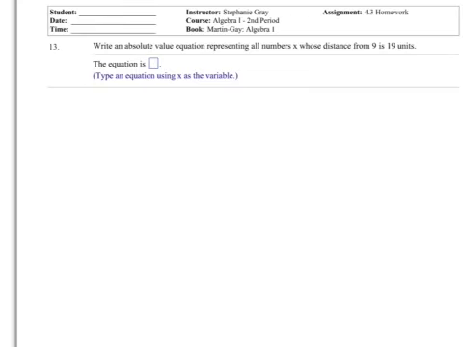Okay, the last problem that we want to do is number 13 here. And it says write an absolute value equation for all numbers x whose distance from 9 is 19 units. So that means that the number x minus the 9, the absolute value of that, is going to equal 19.